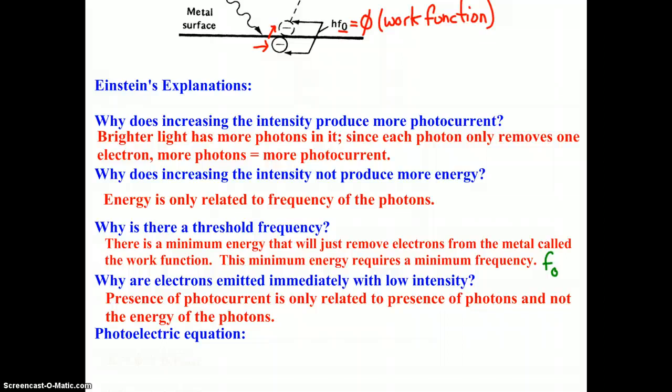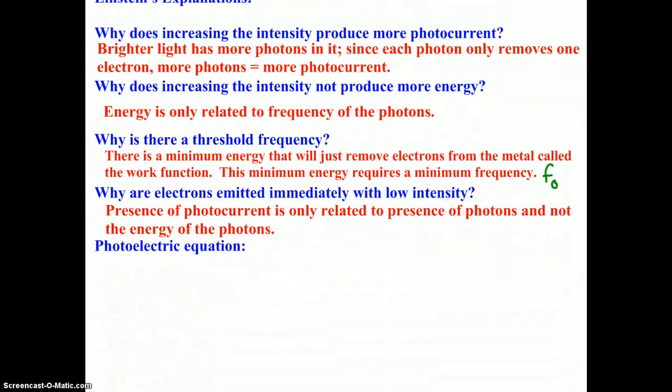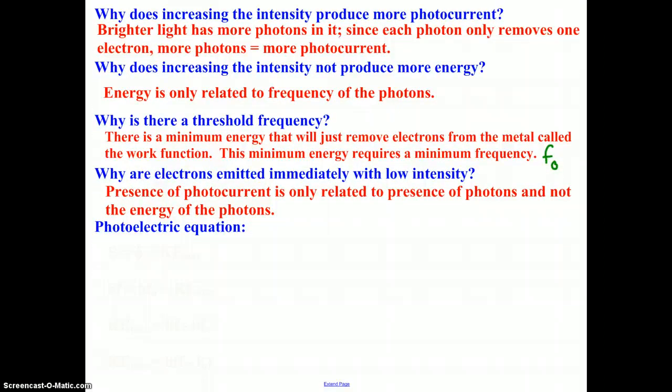Then, of course, in summary, the photoelectric equation, much similar to what we had up above, E equals phi plus KE max. Substituting the equations for E and phi, we get hf equals hf0 plus KE max.